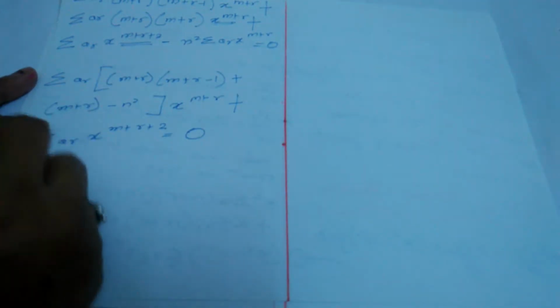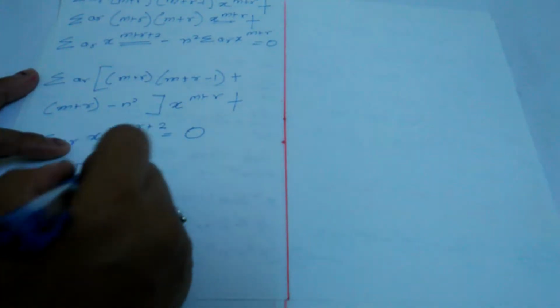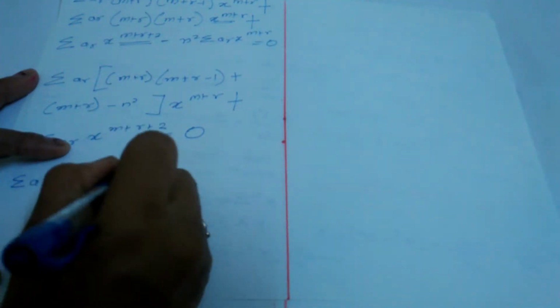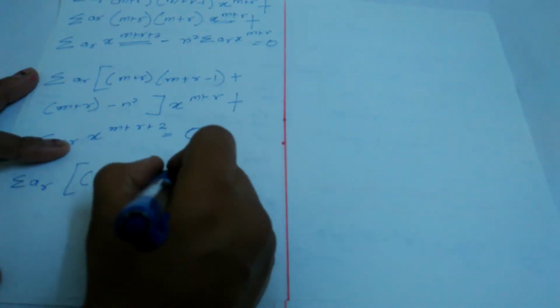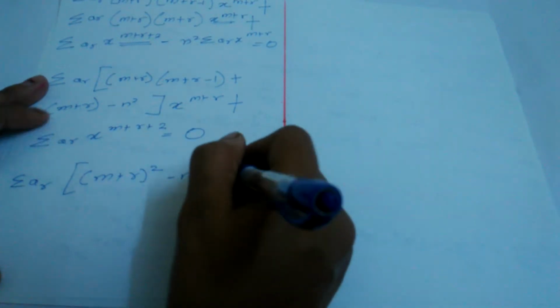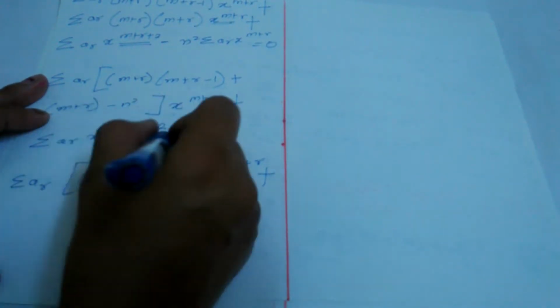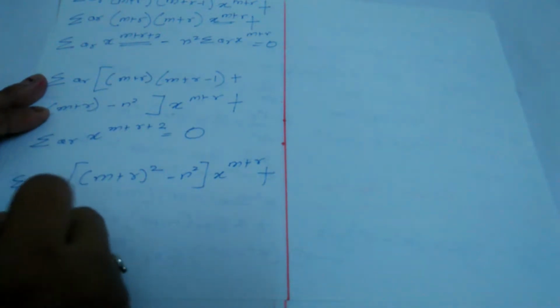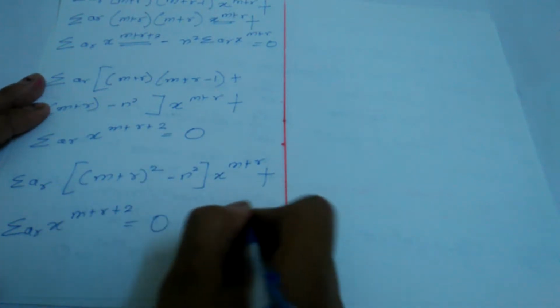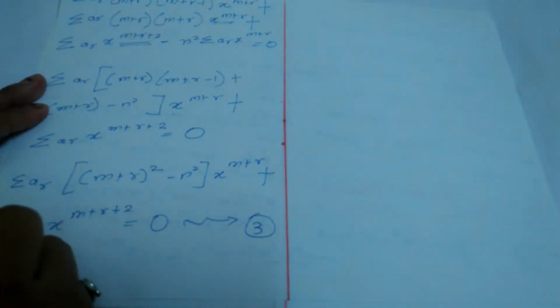Now next step, summation of a_r, m plus r the whole square minus n square, x raised to m plus r, plus this term as it is, summation of a_r x raised to m plus r plus 2 is equal to 0. So we will mark this as equation number 3.